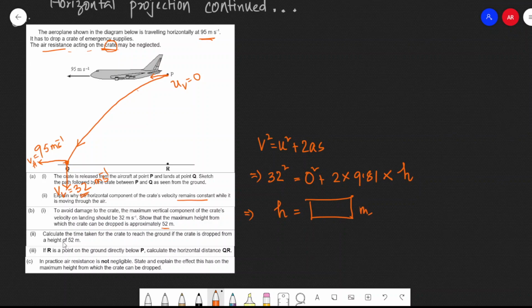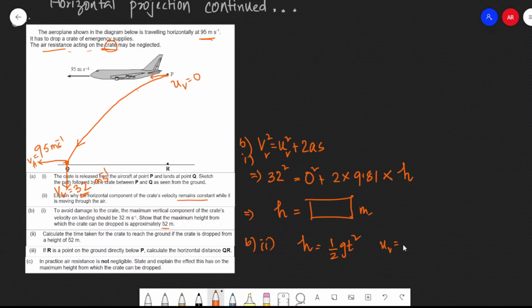Number 2: calculate the time taken for the crate to reach the ground if the crate is dropped from a height of 52 meters. It is as simple as that. We have already done it. The height h equals half g t squared, because the initial vertical velocity was 0, and the final vertical velocity is 32.